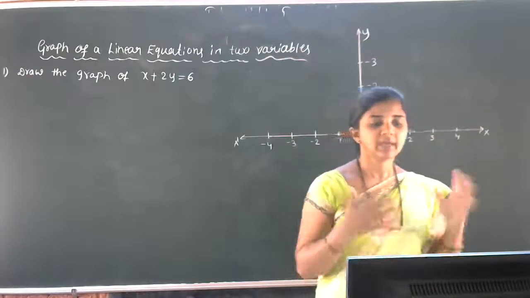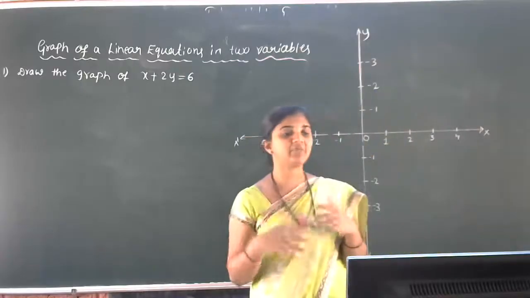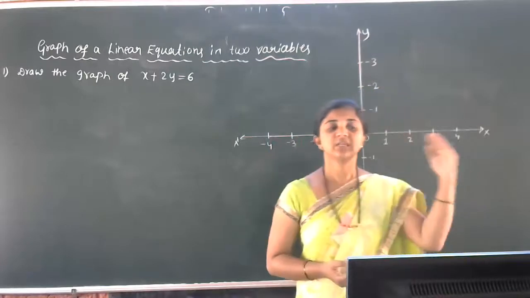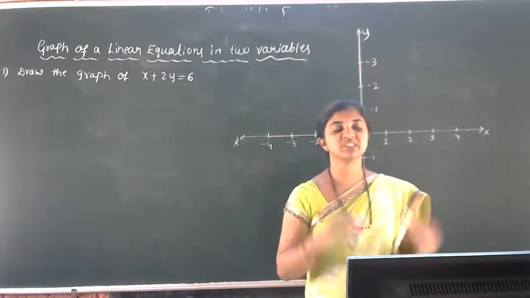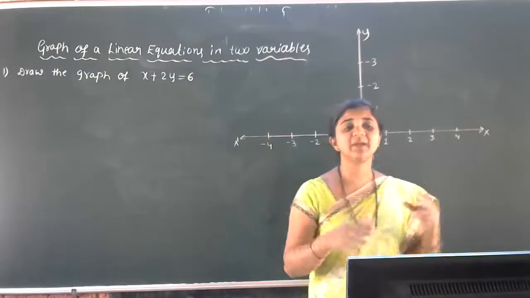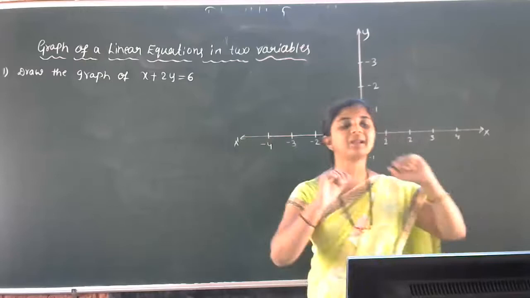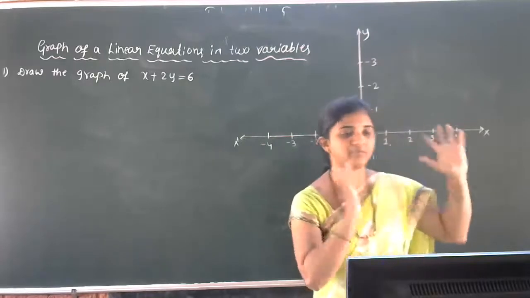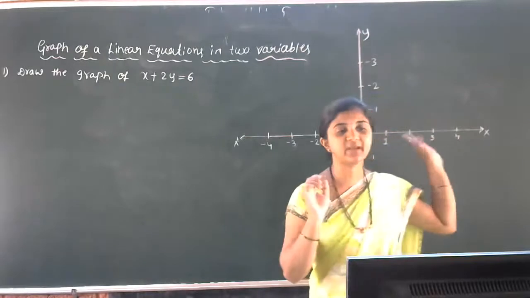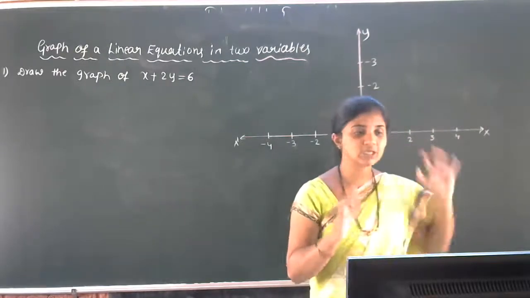So now we have to discuss the graph of the linear equation in two variables. Yesterday I told you that the solutions of the linear equations are needed again for the graph of the equation. The solutions act as points of that graph. So the solutions are marked as points of that linear equation in two variables.